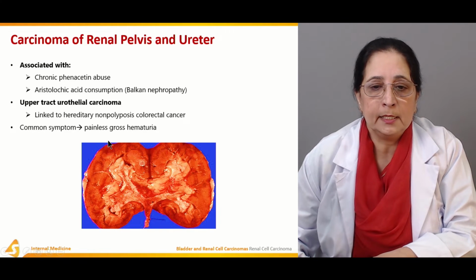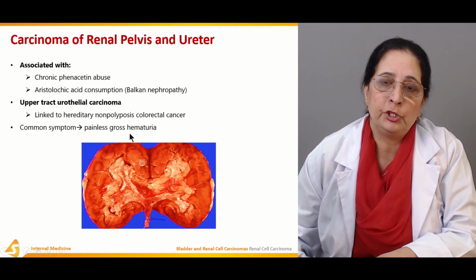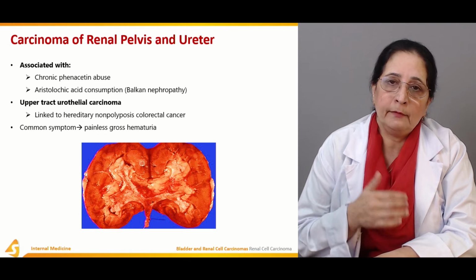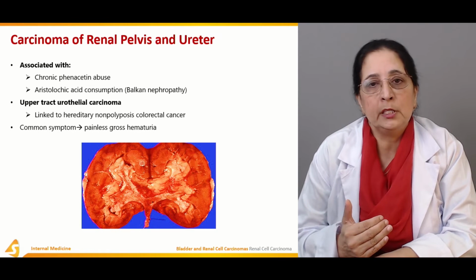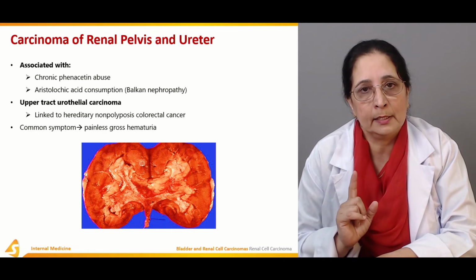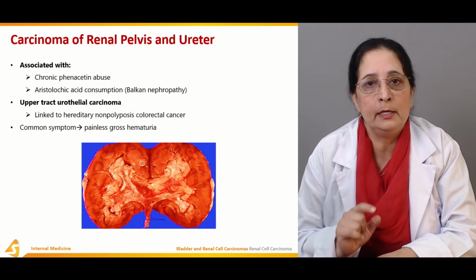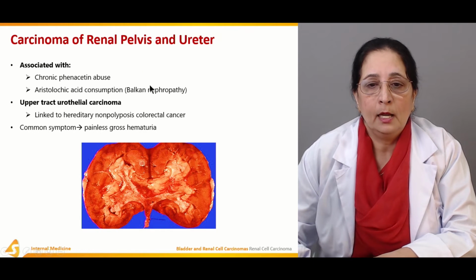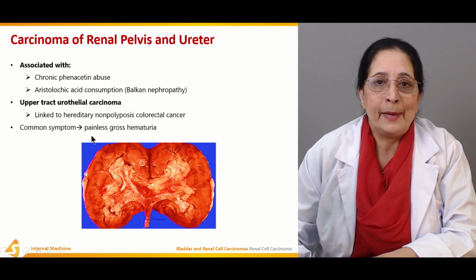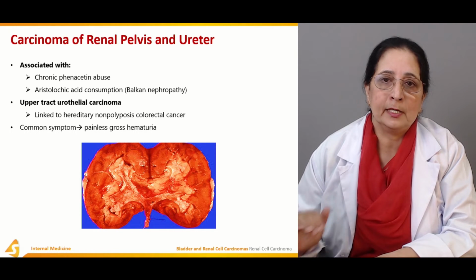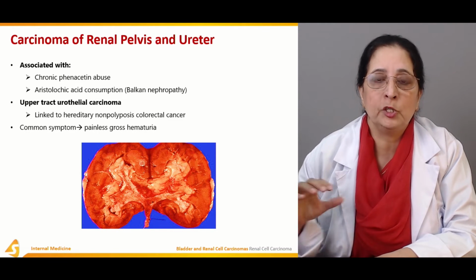The common symptom is painless hematuria. Hematuria, we said, is also associated with bladder cancer, but it is very commonly associated with renal carcinoma, and it is painless. No pain is present, and there is gross hematuria.